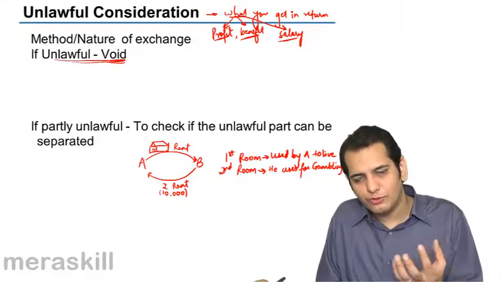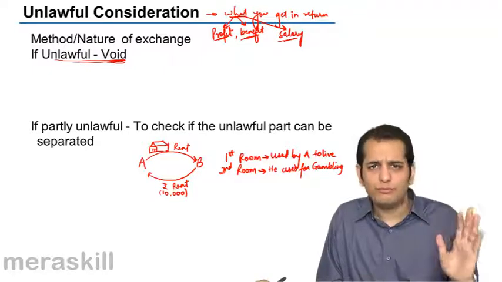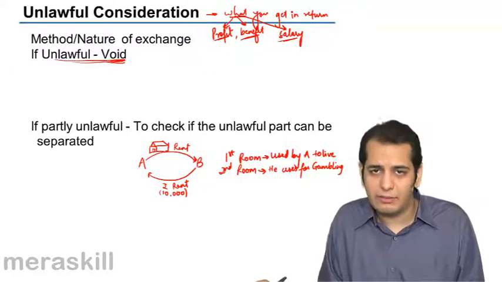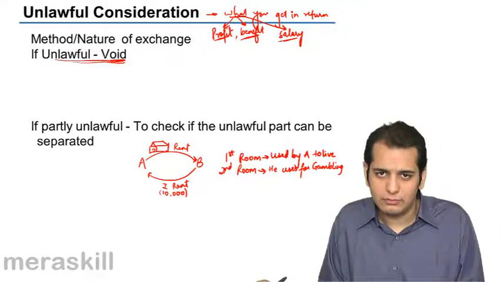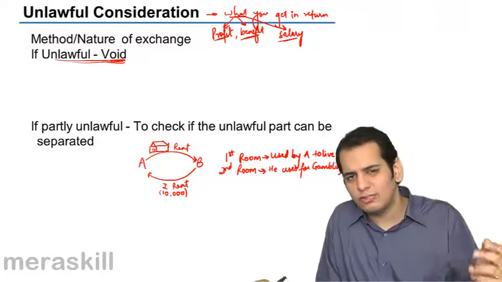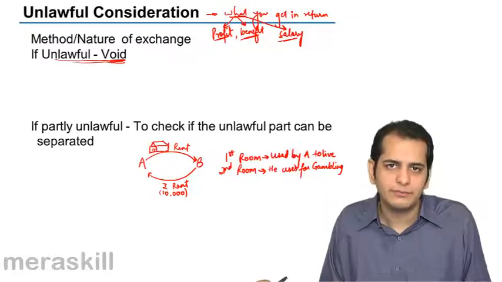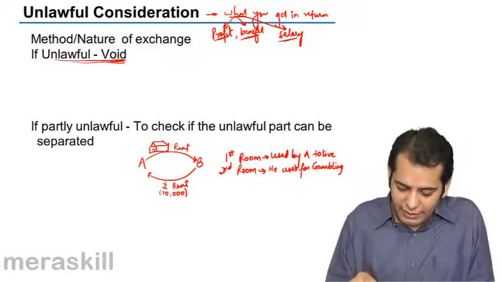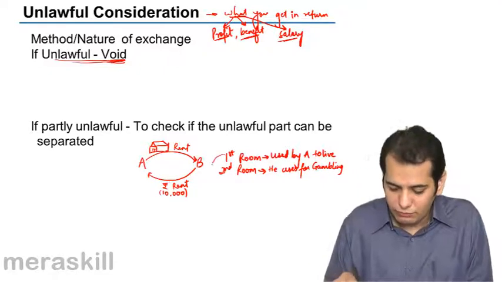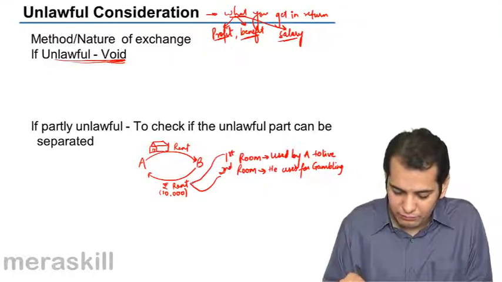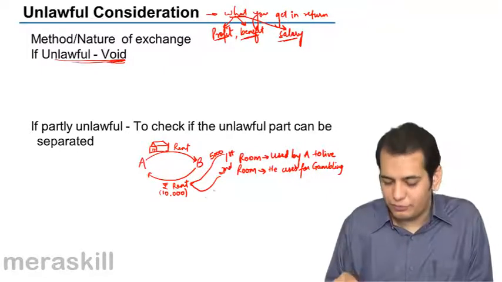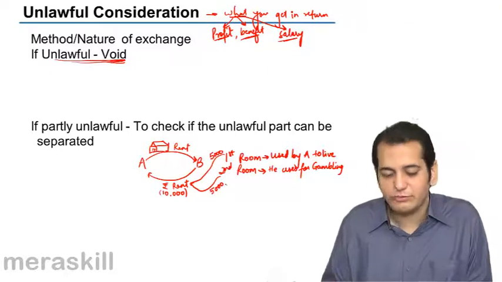The first room is used by A to stay there. The second room is used by him for gambling. Now you can see that renting a house is actually lawful. There's nothing wrong in it. However, the rent that is coming, it is coming from two rooms. The first room and the second room. Let's say the rent for the first room is 5,000, the rent for the second room is 5,000.